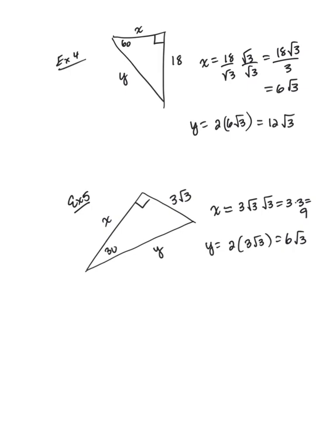If you have the side across from 30, multiply it by rad 3 to get the side across from 60. Double the side across from 30 to get the hypotenuse. If you have the side across from 60, you must divide by rad 3 to get the side across from 30. And then take the side across from 30 and double it.